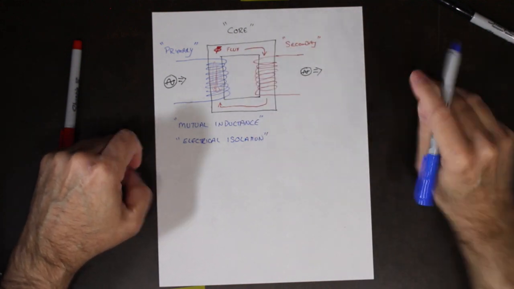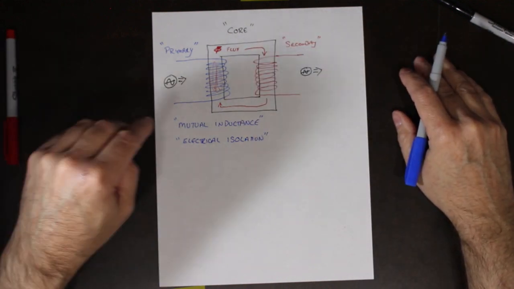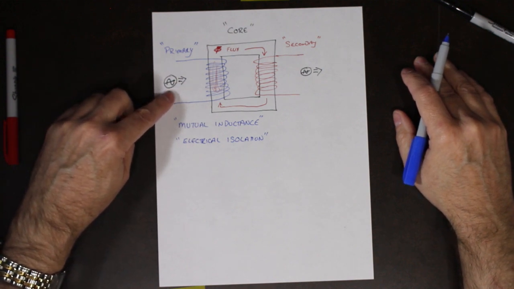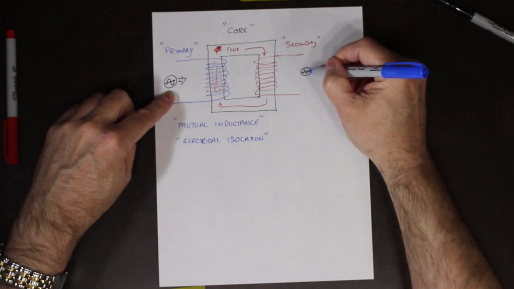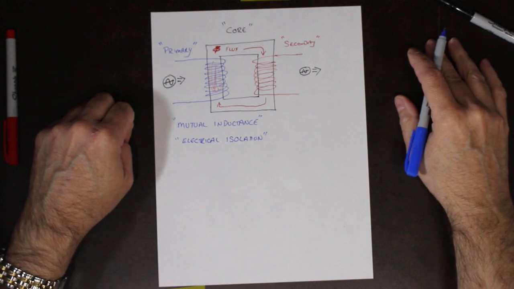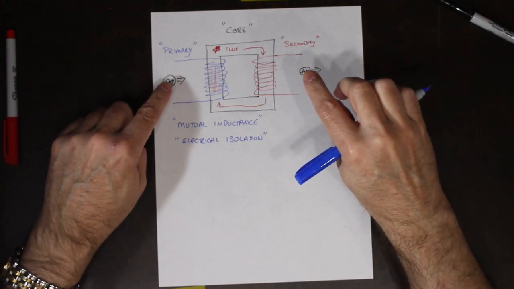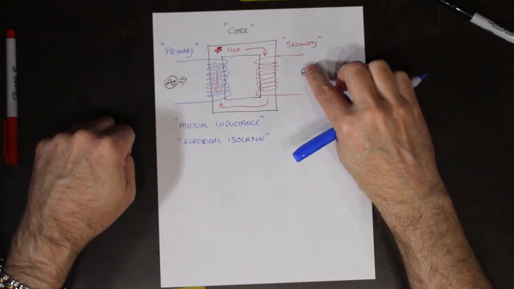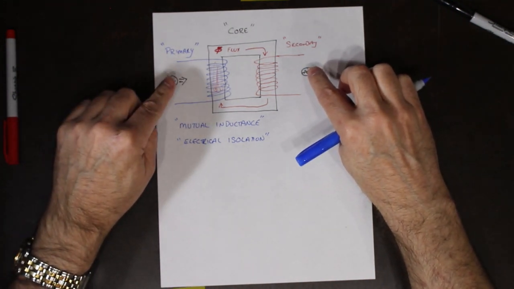So, how does this all help us? Well, what we need to do is we need to apply some signal over on the primary side, and it's somehow going to create something onto the secondary side. The levels, so voltage here compared to voltage here, could change.